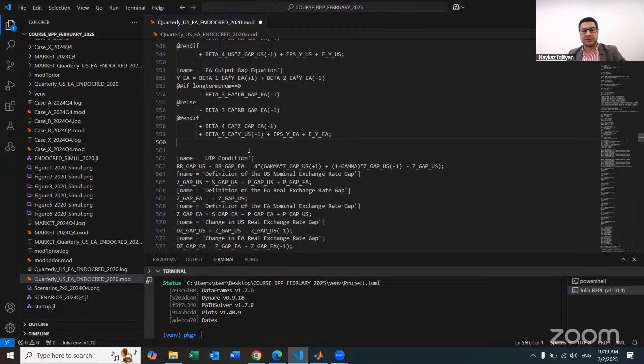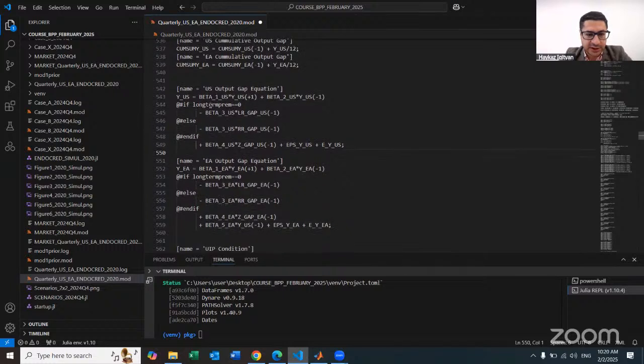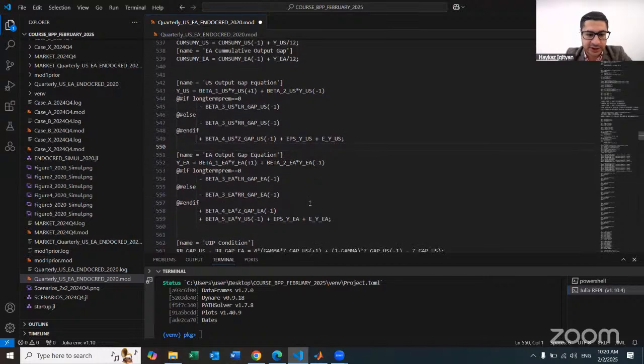We talked about the specification of the model, and we started looking at some properties of the Dynare macro processing, and how to write down the equations properly, and we started going step by step through the code, and I guess we stopped here, looking at the output gap equations, and again here we use this Dynare notation.